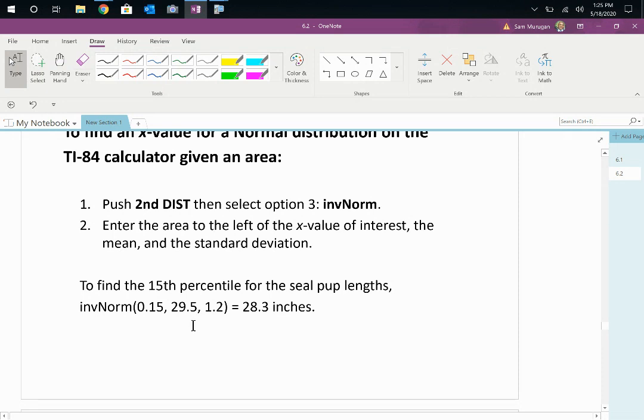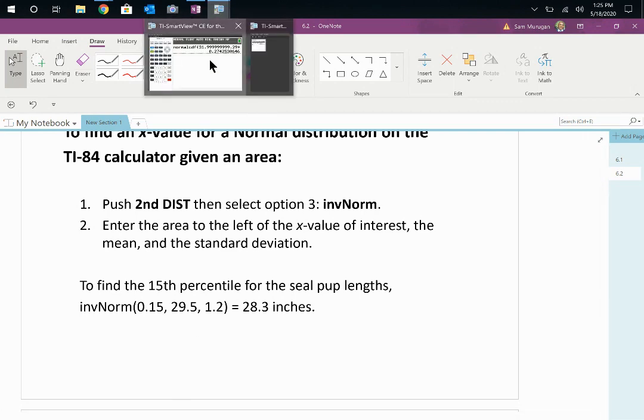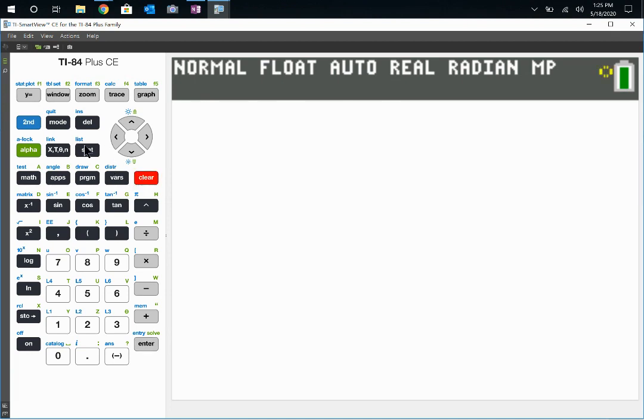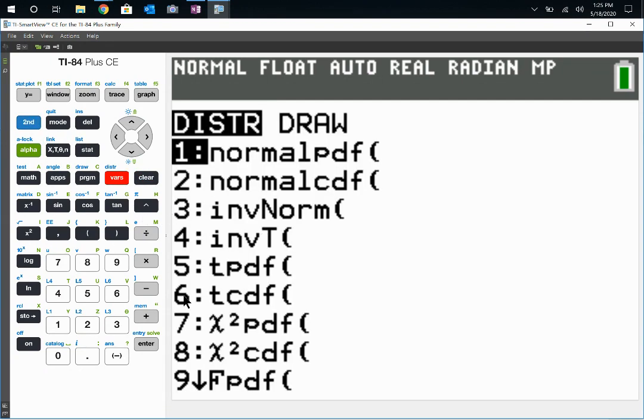In the TI-84, it's a little different because here you would select, so stay with me here, second vars, and you would, what did I do? Second distribution, and select number 3.